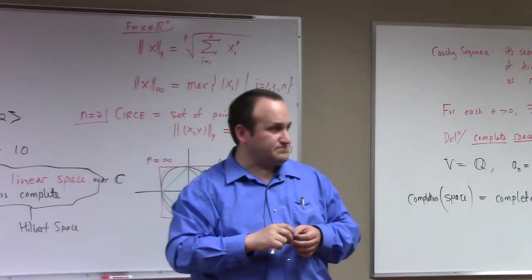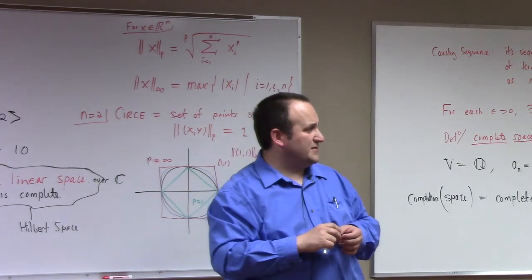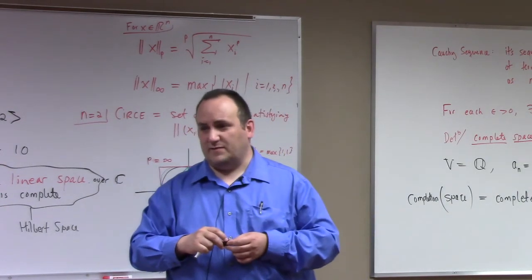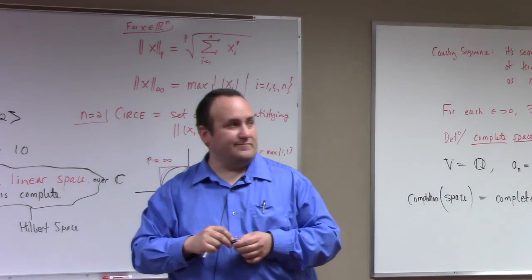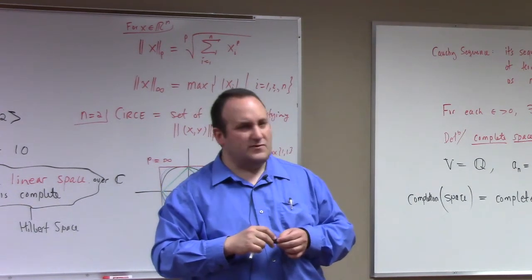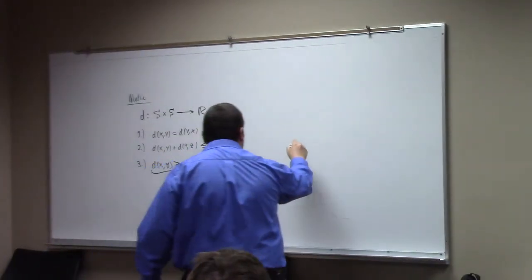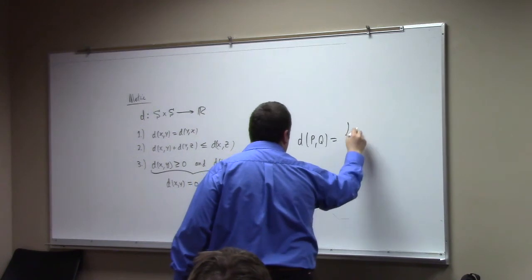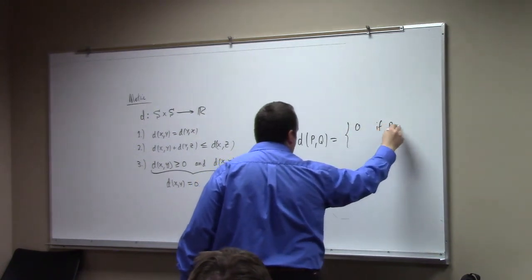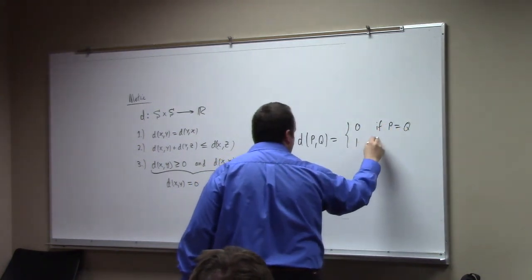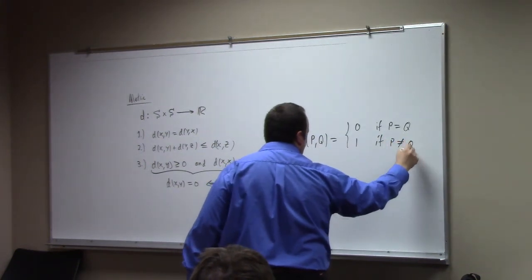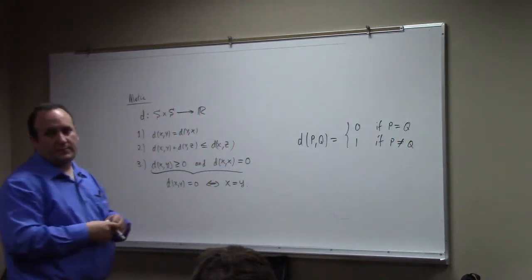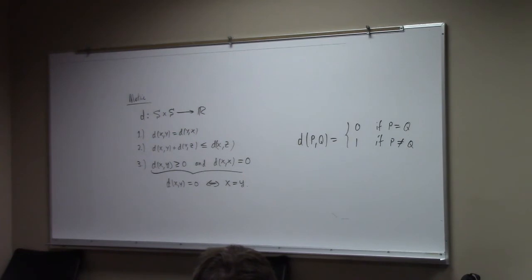For example, the discrete metric is rather stupid. It says that the distance between, let's see, how's it go? Here's the definition of the discrete metric. This defines a distance function, I think.